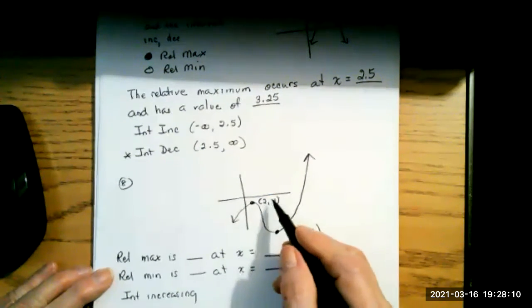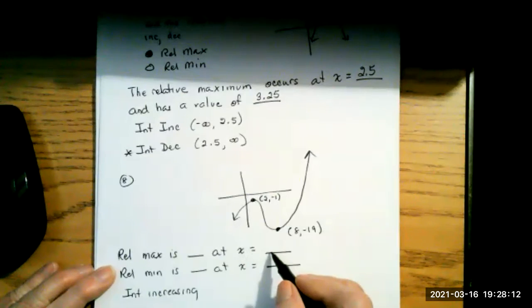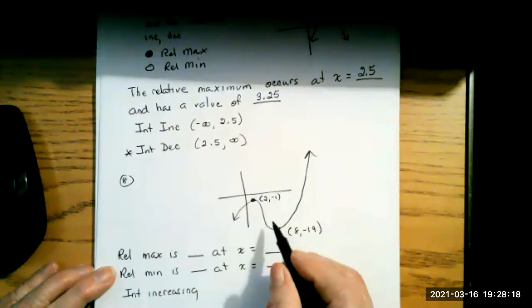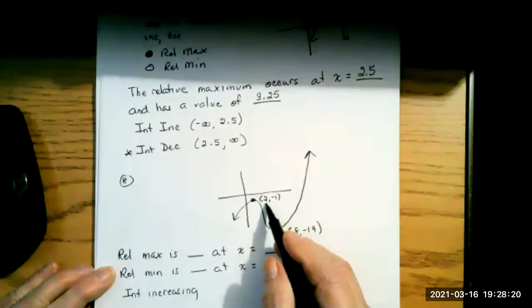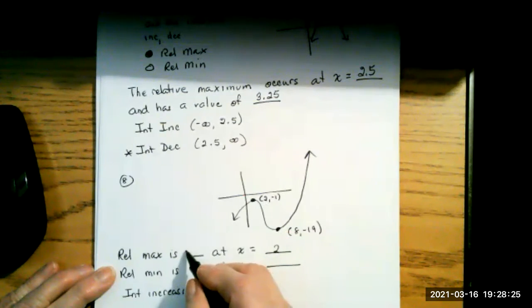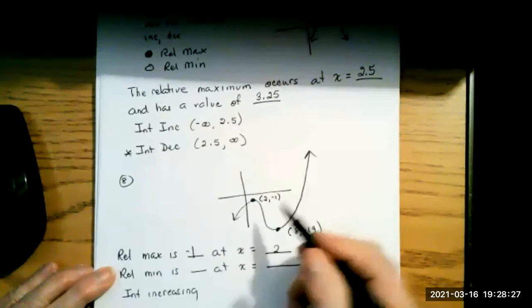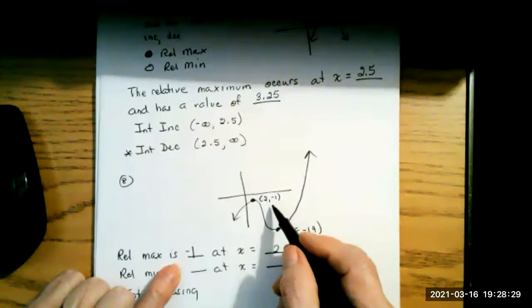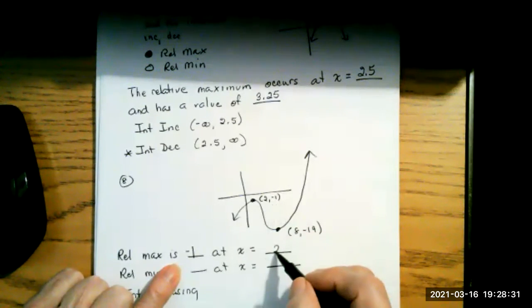It's at 2, -1. So what is the x value at the max? So the x value at the max is 2. And what is the y value? The y value is -1, and the x value is 2.